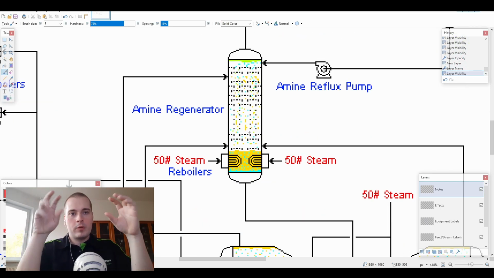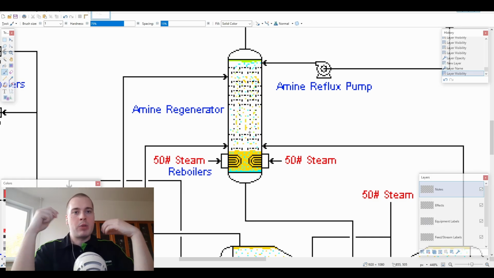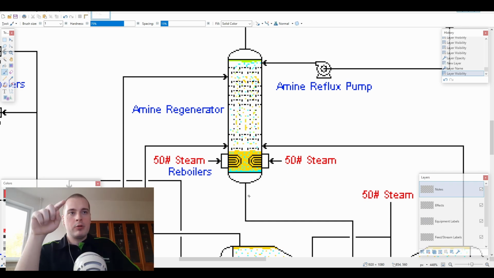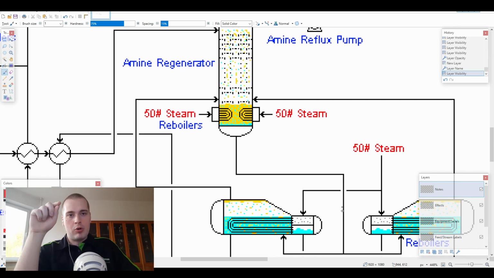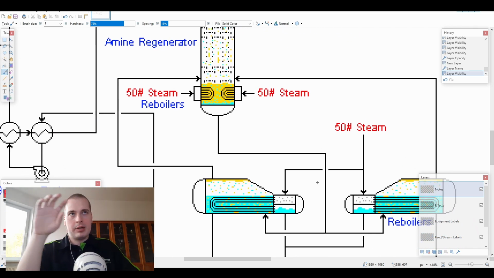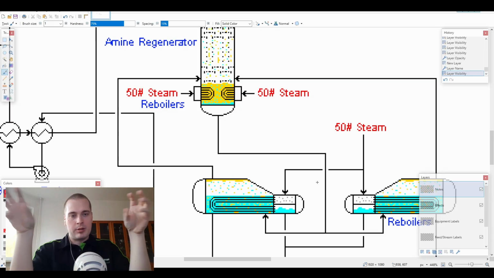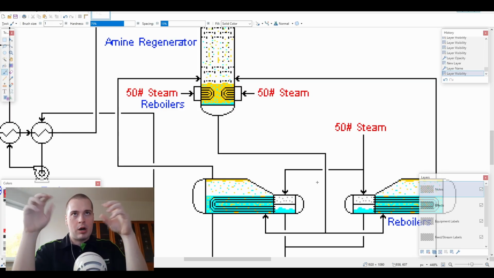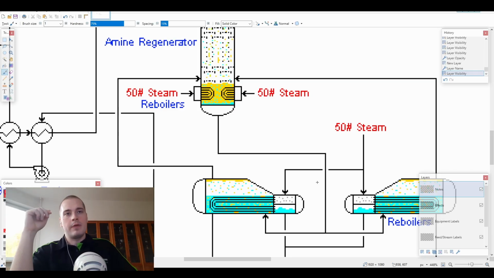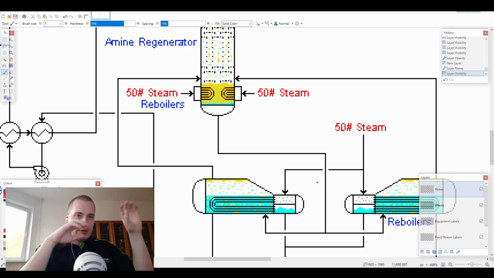At the bottom of this column, we have a mixture of amine solution and water, because in amine solution there is water, and all of that flows to our other reboilers, because besides the reboilers embedded into our regenerator column, we have the external Kettle-Type Reboilers over here.